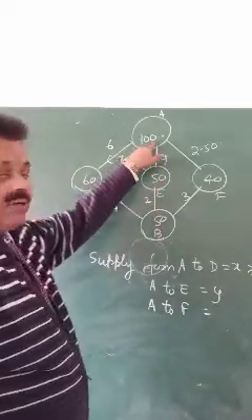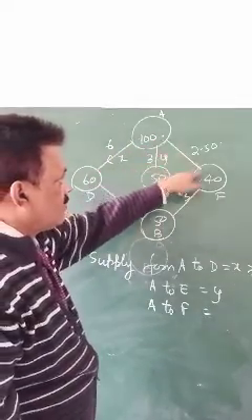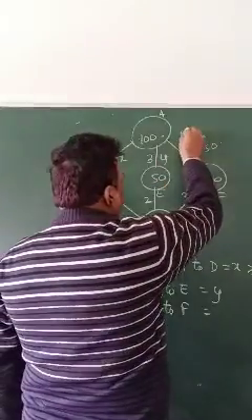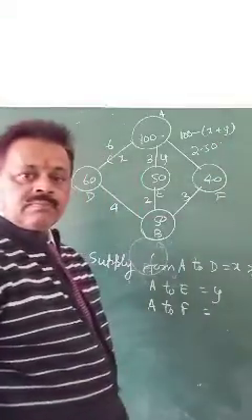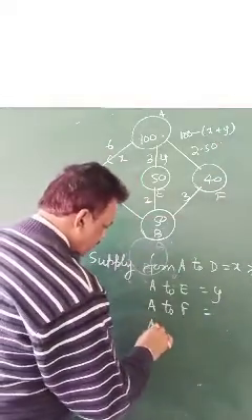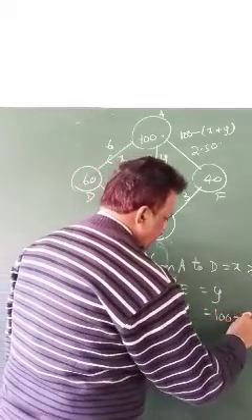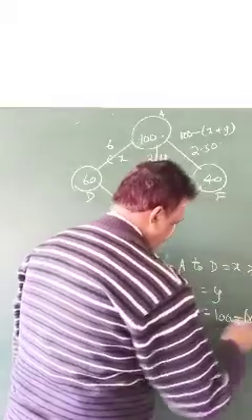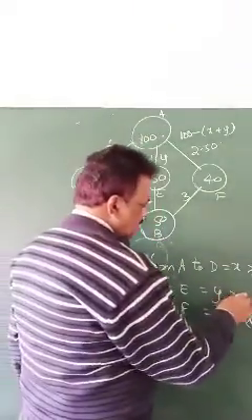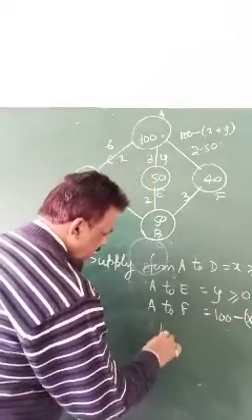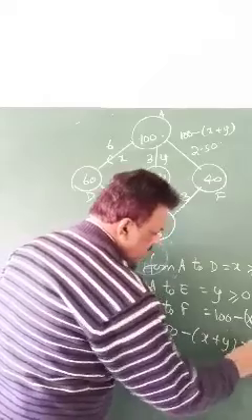Then what will be A to F? A had capacity of 100. x quintal given here, y quintal given here, the remaining will go here. What is remaining? 100 minus x minus y. So A to F is 100 minus x minus y, which is also greater than 0.